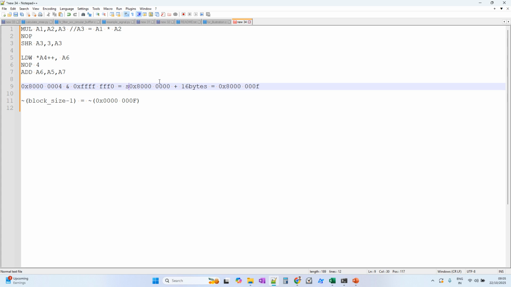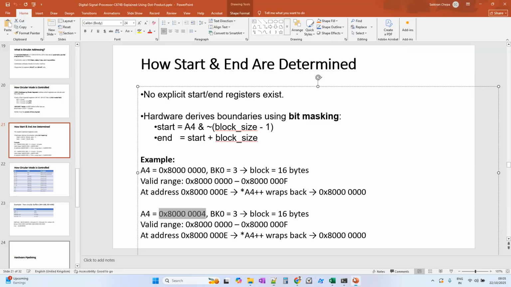This is the start, and this is the end. Even if you give some other address, the hardware will calculate like this only. Here I have given A4 like this, and A4 like this. In both cases, the valid address is the same.